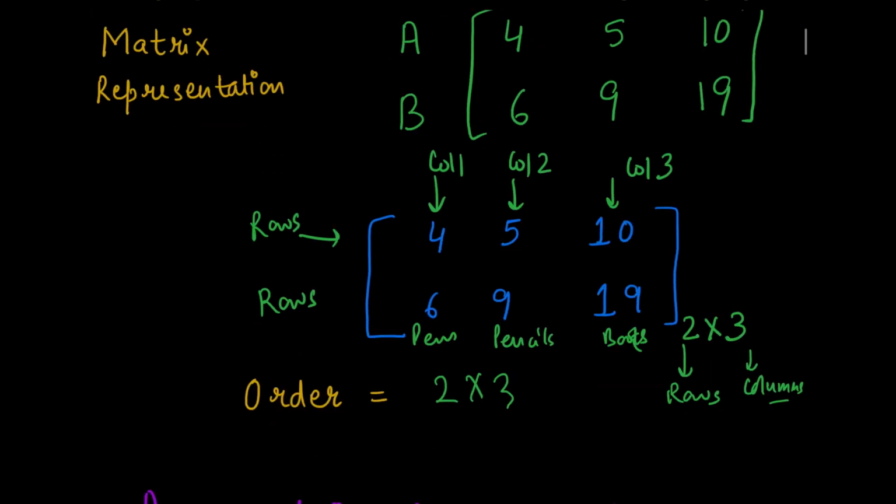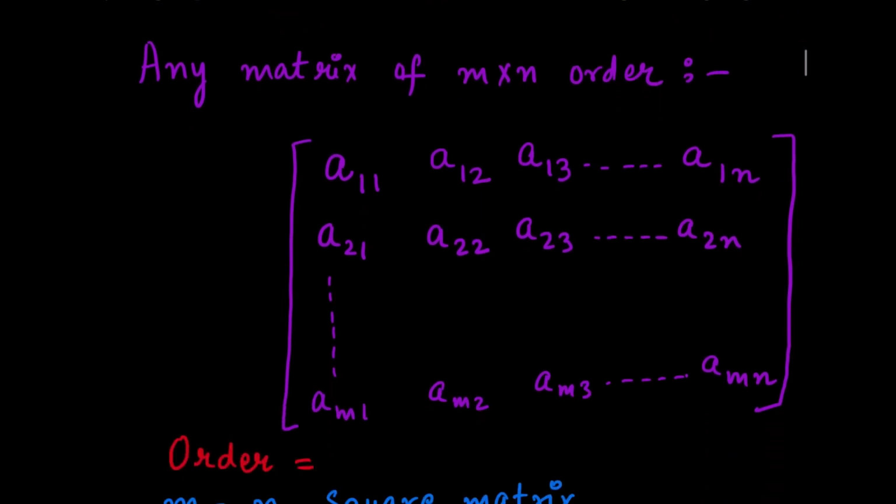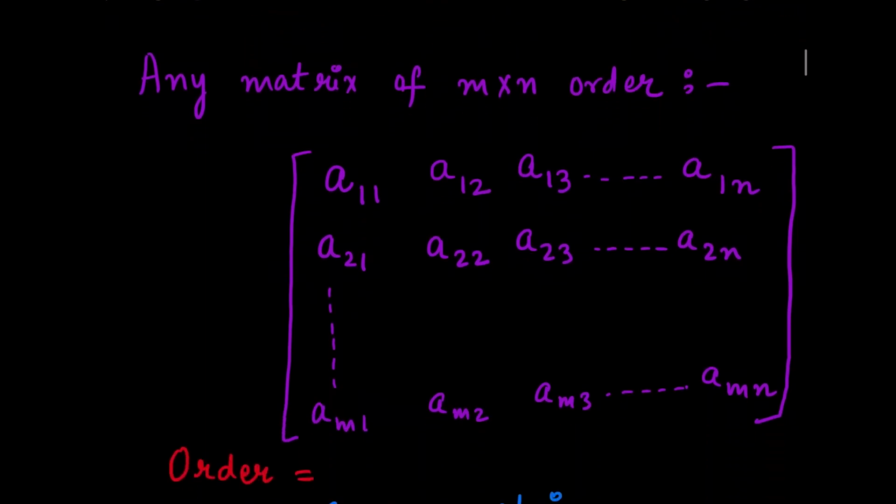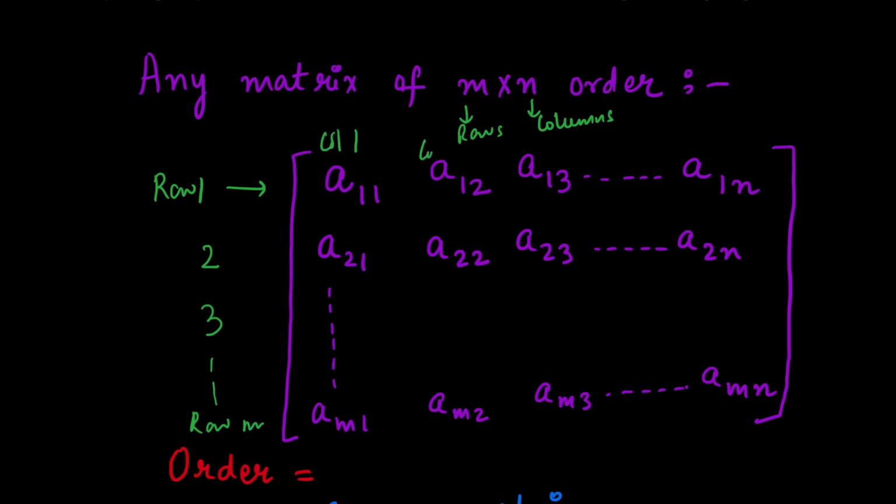So in general, for any matrix of order m by n, m is the number of rows and n is the number of columns. You can see these represent row 1, row 2, row 3 and so on, up to row m. And this represents column 1, column 2, 3 and so forth, up to column n.